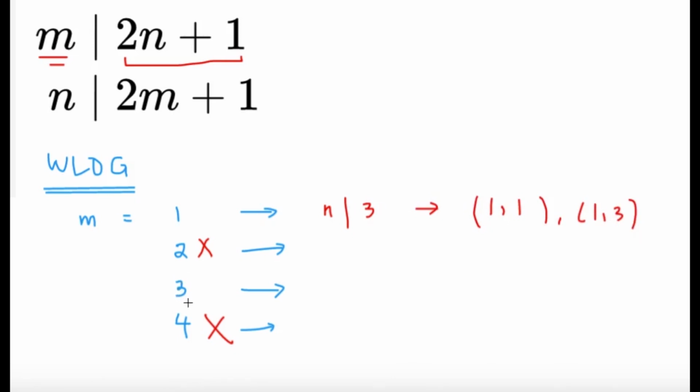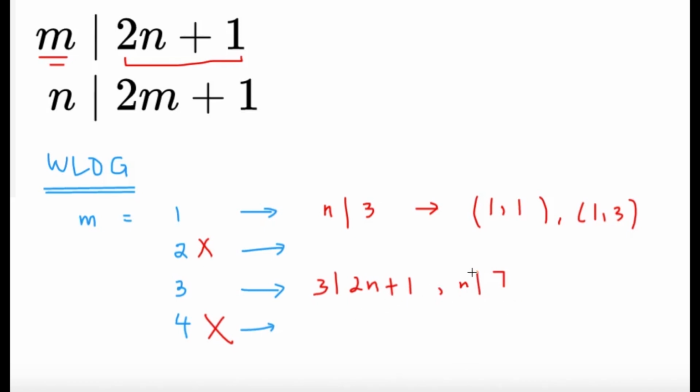Now let's try m equals 3. From the first condition, I'll get that 3 divides 2n plus 1. And from the other one, I'll get that n divides 7. So it's a matter of checking this first, because n divides 7 gives 1 or 7.